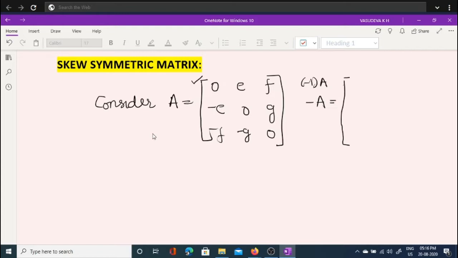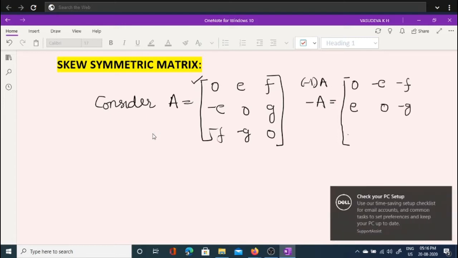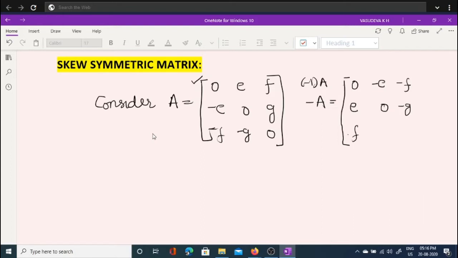So minus 1 into 0 is 0, minus E becomes plus E, minus F becomes plus F, minus G becomes plus G. So this is the negative of the matrix A.